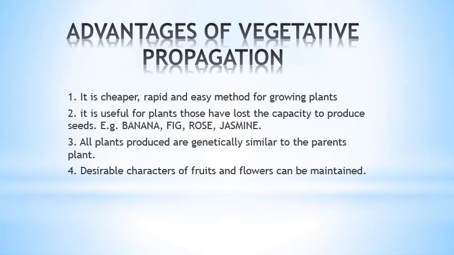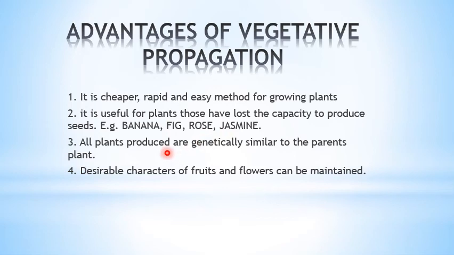Next, a very important question is the advantages of vegetative propagation. The first advantage is that it is cheaper, meaning economic, rapid and an easy method for growing plants. It is useful for plants that have lost the capacity to produce seeds, like banana, fig, rose and jasmine.